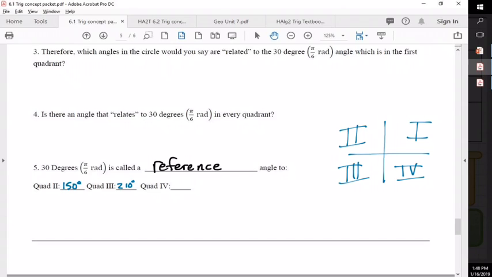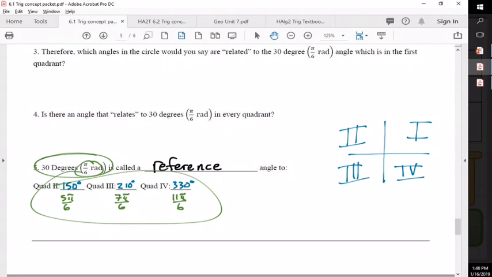And what would be an angle measure for quadrant 4? 330 degrees. And then we also have the radians. For radians, this one would be 5 pi over 6. This one right here would be 7 pi over 6. And then the last one would be 11 pi over 6. All these angles have these two as reference angles.